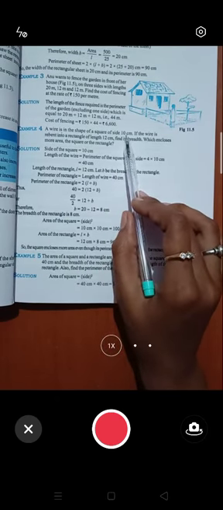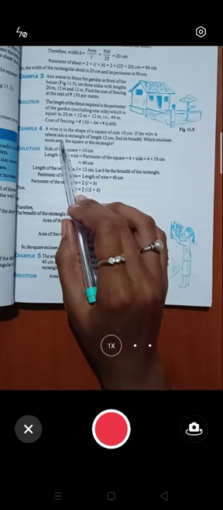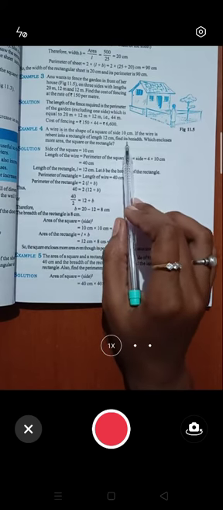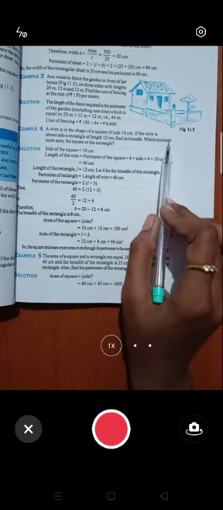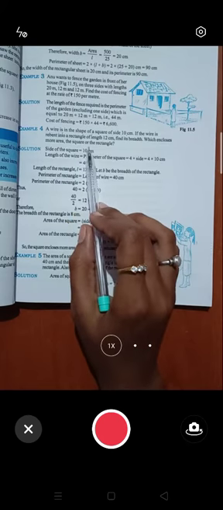Now let us solve one more example. A wire is in the shape of a square of side 10 centimeter. If the wire is rebent into a rectangle of length 12 centimeter, find its breadth. Which encloses more area, is it the square or the rectangle?